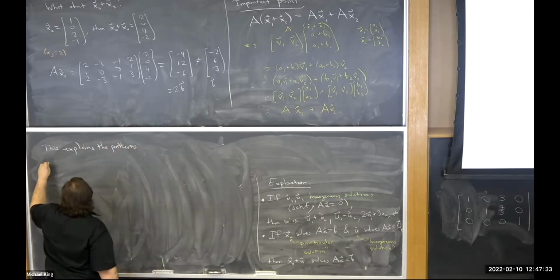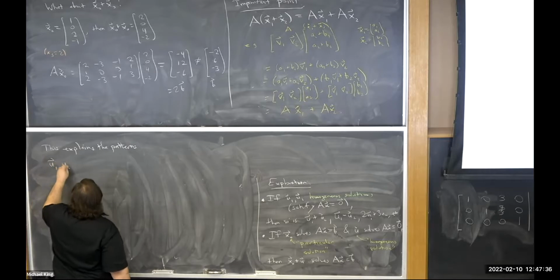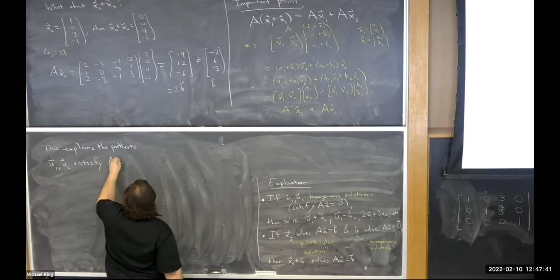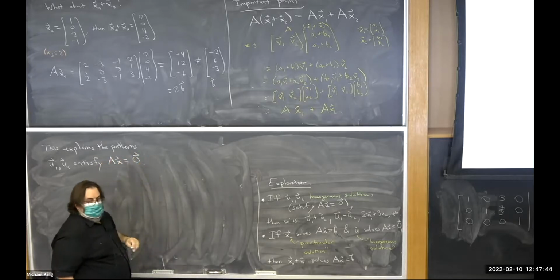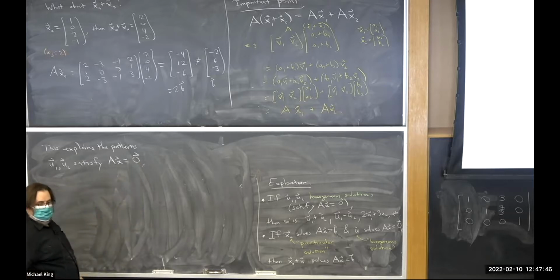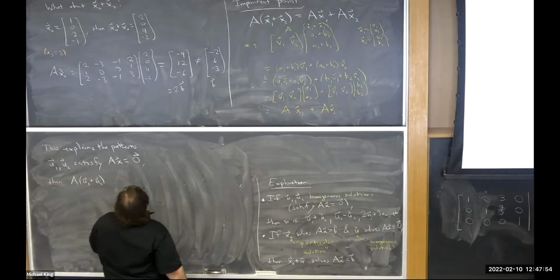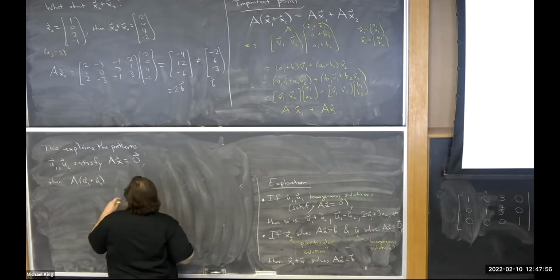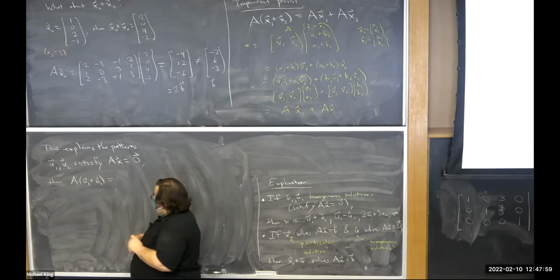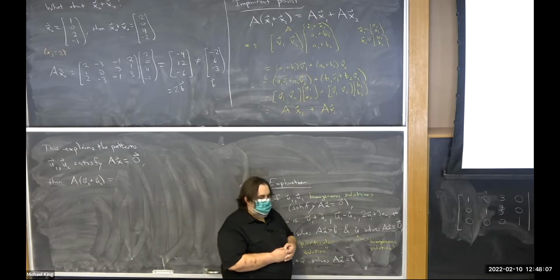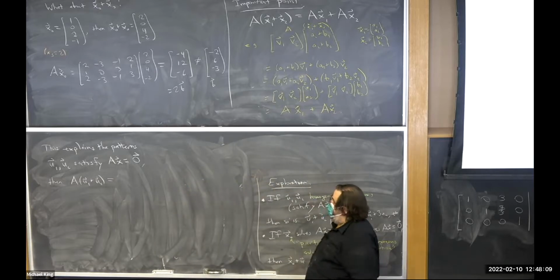Right, if, for example, U1 and U2 satisfy AX equals 0, then what happens when you do U1 plus U2? Oh, I've erased the particular solution. That's unfortunate. What happens now when I try to plug in U1 plus U2? What does A times (U1 plus U2) equal?